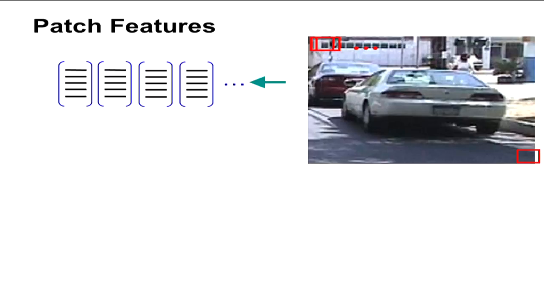In the visual world, a 5 by 5 or 10 by 10 patch of pixels will almost never repeat. There are more 10 by 10 patches of pixels than there are atoms in the universe. So you're almost never going to have two patches with exactly the same pixels. That's the big difference between text words and visual words.